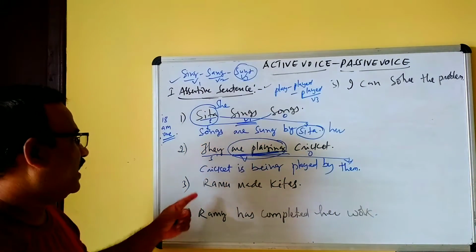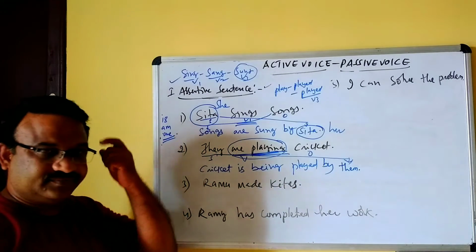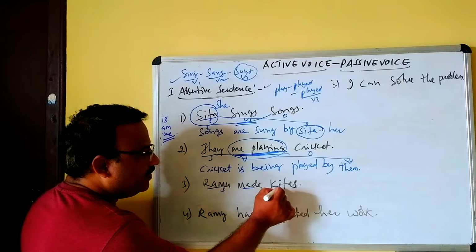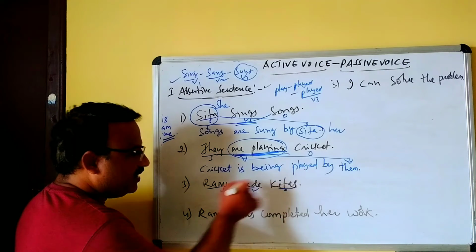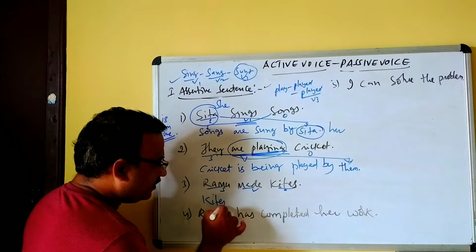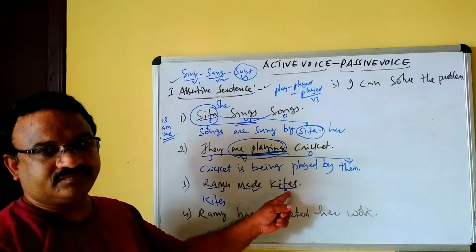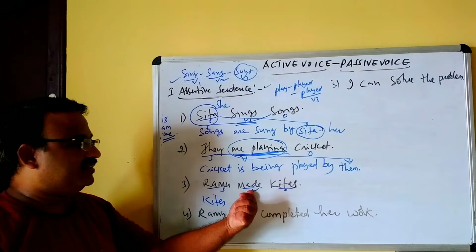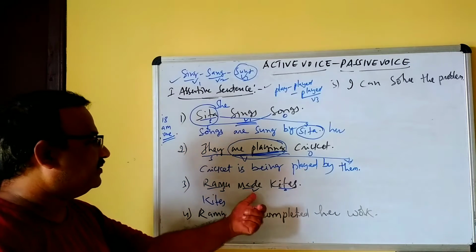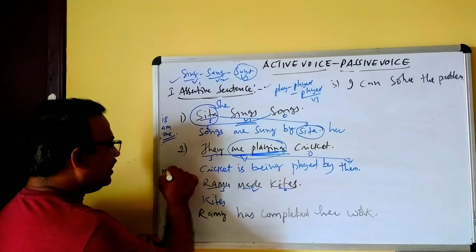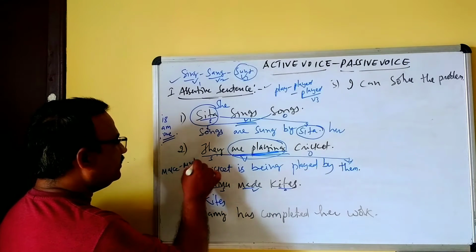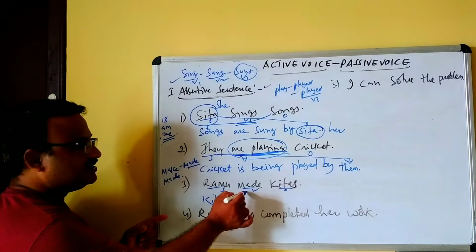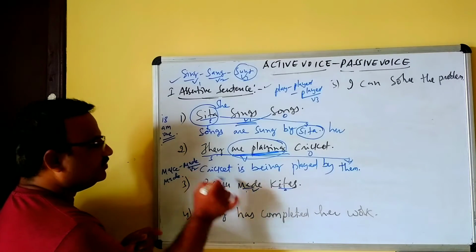And Ramu made kites. Next one. Same as subject, verb, object. Kites. Here kites are plural. Now here V3. V2, sorry. Made. Make, made, made. So this verb is in past tense, V2.